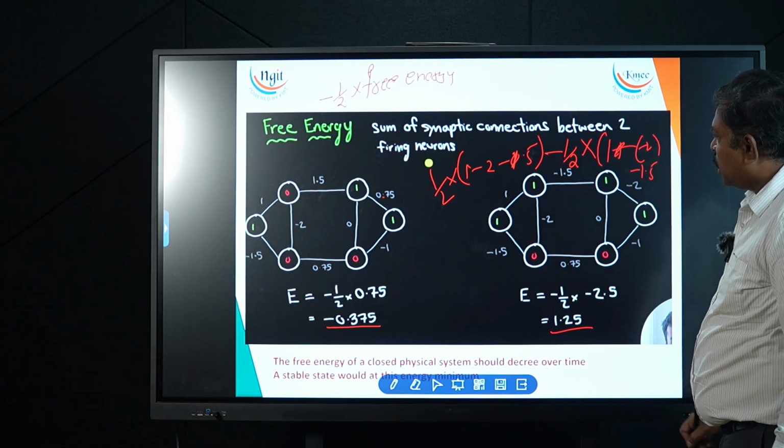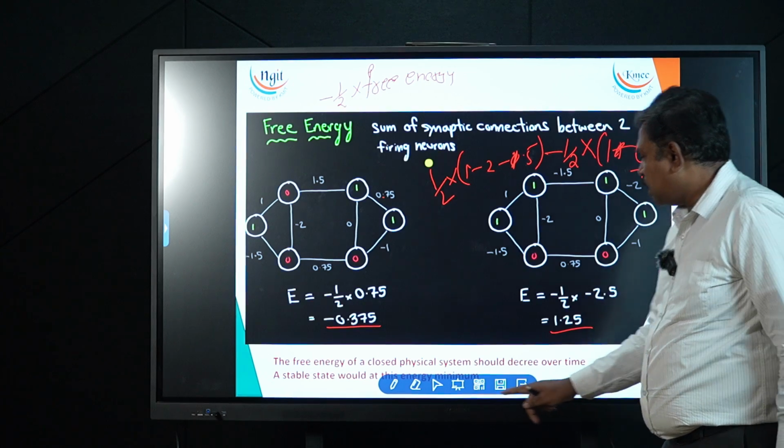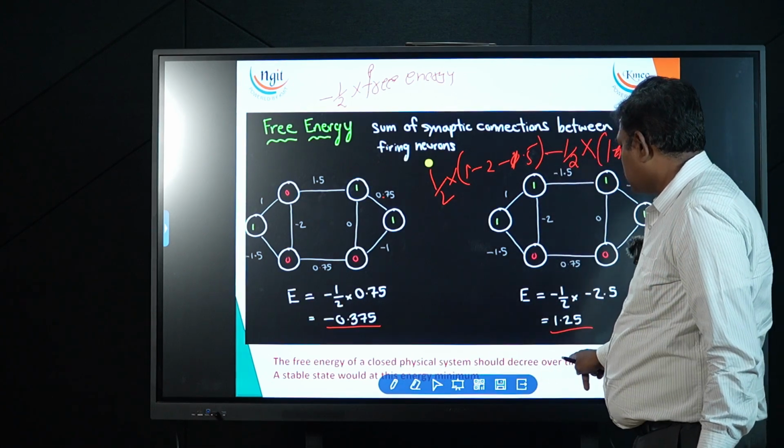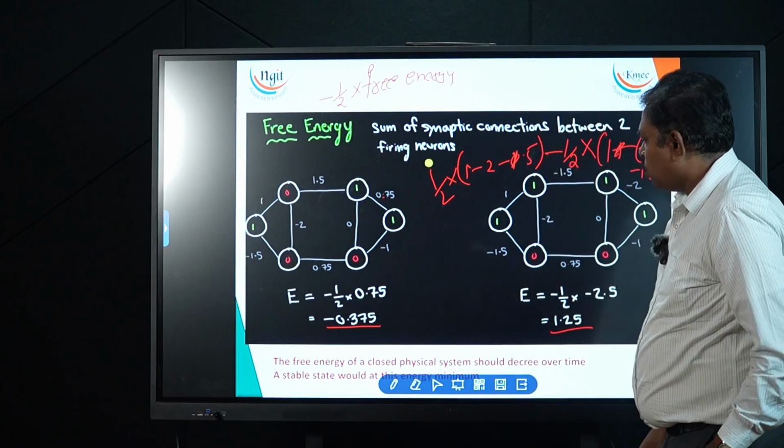A Hopfield network says that the free energy of a closed physical system should decrease over time. A stable state would be at this state.